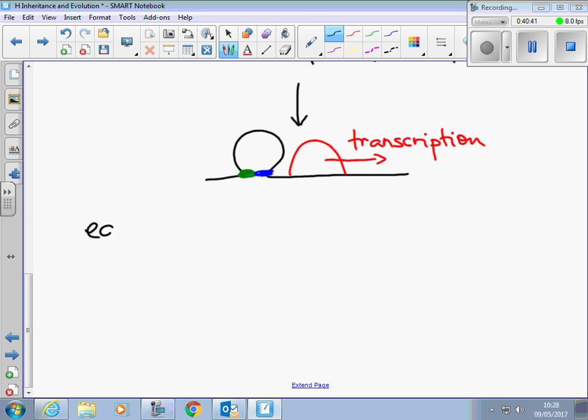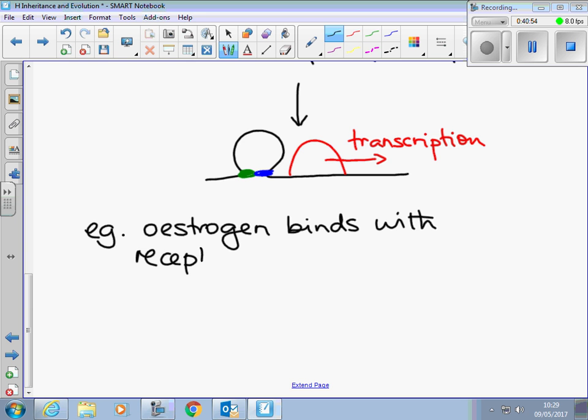So the example that you've got: estrogen binds with its receptor in the cytoplasm to form a transcription factor.